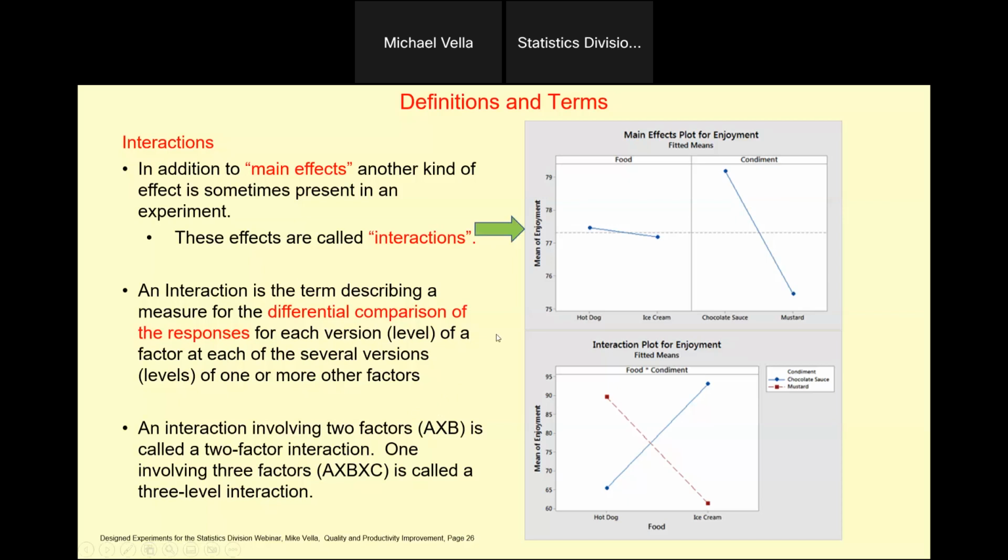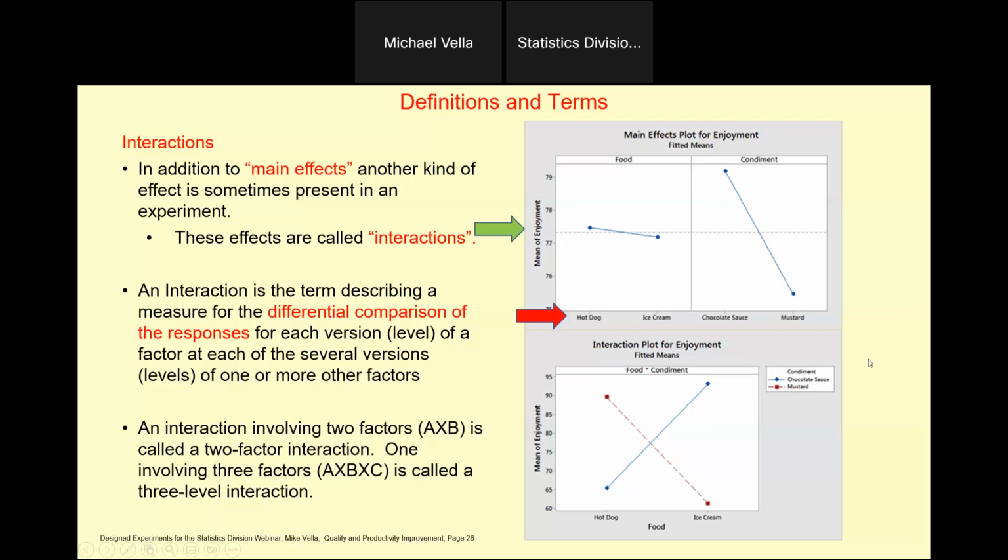So this is an example of a main effects plot for enjoyment of food and condiments. In the first quadrant, you see hot dogs and ice cream, both very enjoyable, with a relatively high level of enjoyment. And condiments: chocolate sauce, really, really high, like 80, and mustard, about 75.